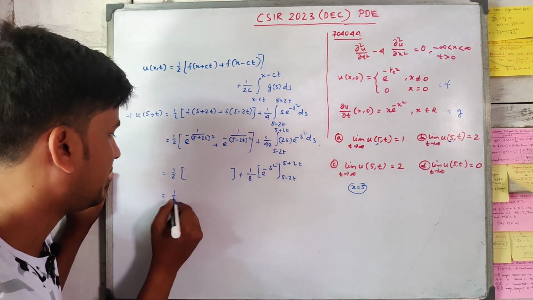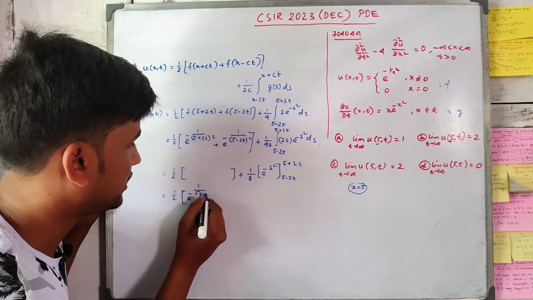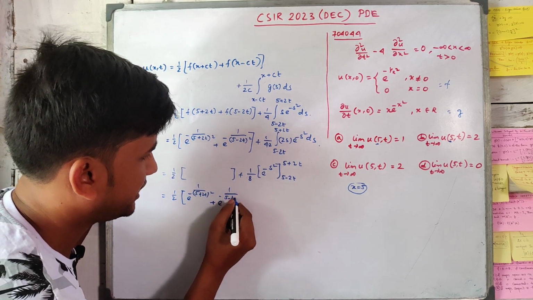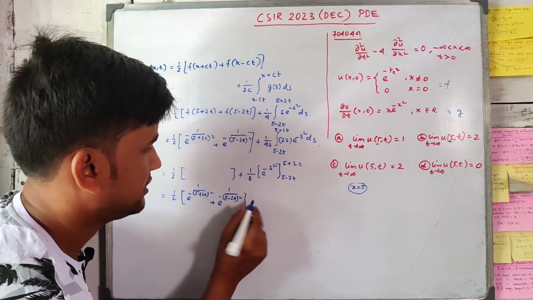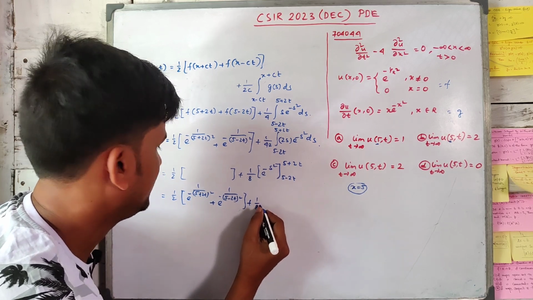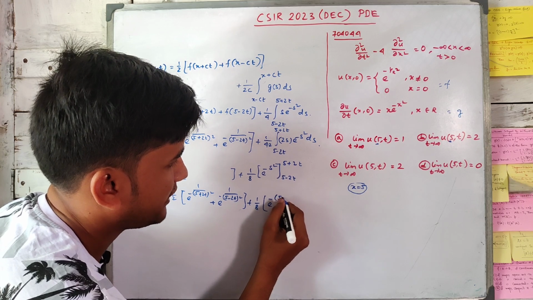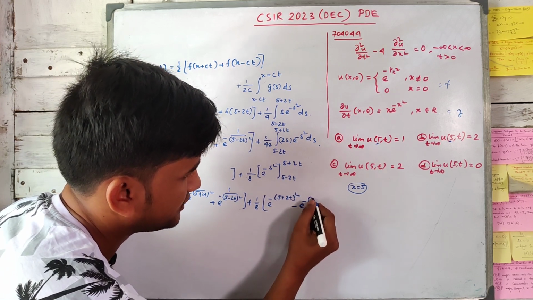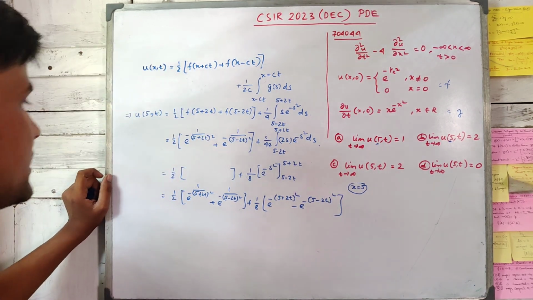So the final result is half of e to the power minus 1 by (5+2t) whole square plus e to the power minus 1 by (5-2t) whole square, plus 1 by 8 into e to the power minus (5-2t) whole square minus e to the power minus (5+2t) whole square. So this is the complete solution.